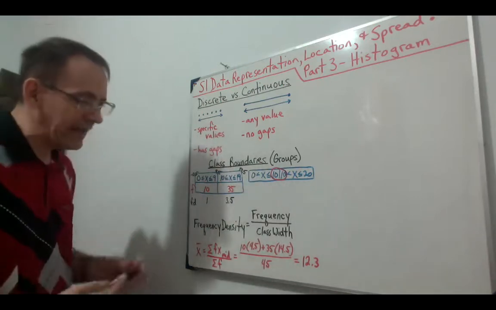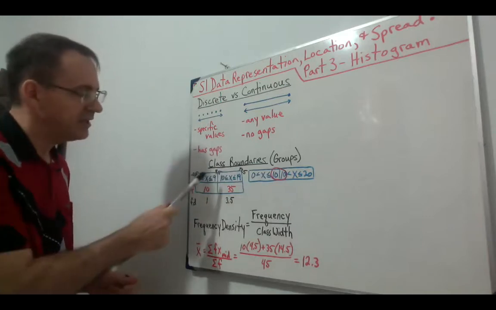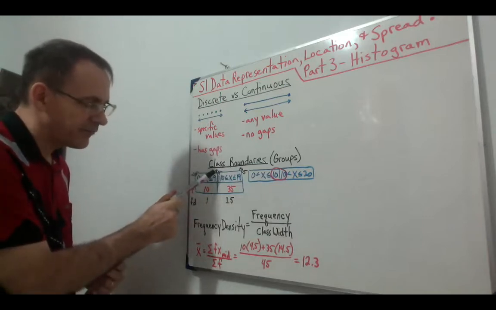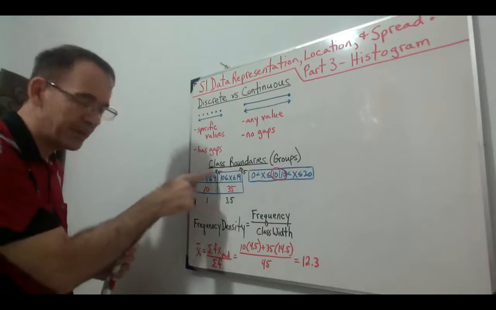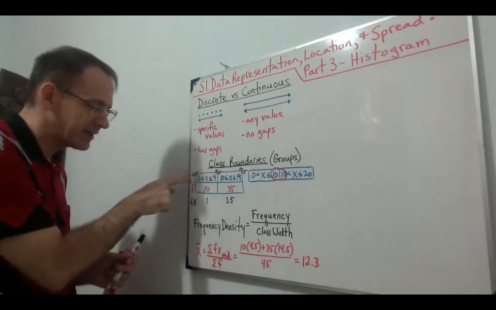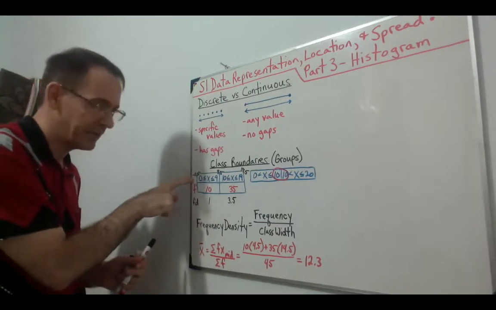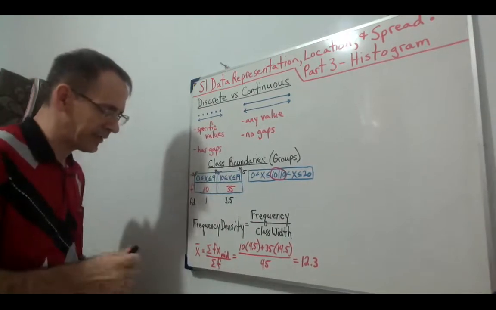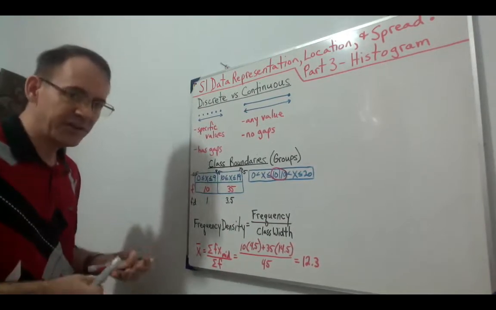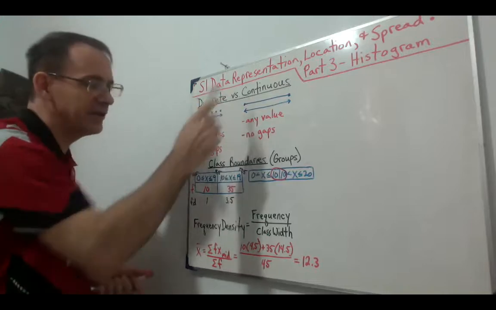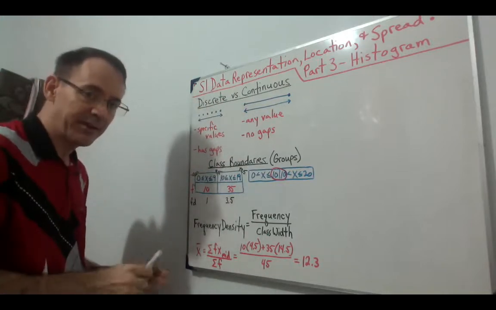To find the class width, you need to take your furthest upper boundary and subtract your lower boundary, the upper boundary minus the lower boundary. You need to do this after you've converted it to continuous, not before.